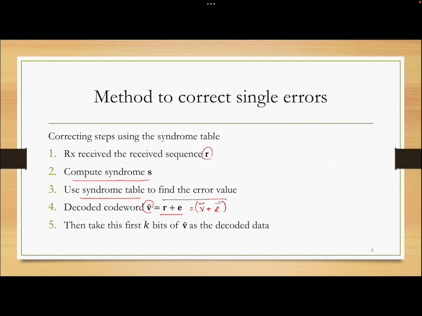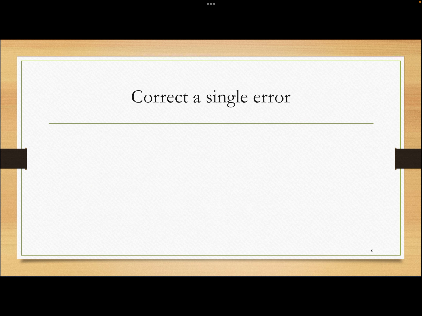So we have V plus E, this is your R, and then you add E again, so it will cancel out, and you get the V, which is the code word that you want, because in modulo 2 addition, if it's the same, it will cancel out. Now you take the first k bits of vector V, the decoded code word, as the decoded data.